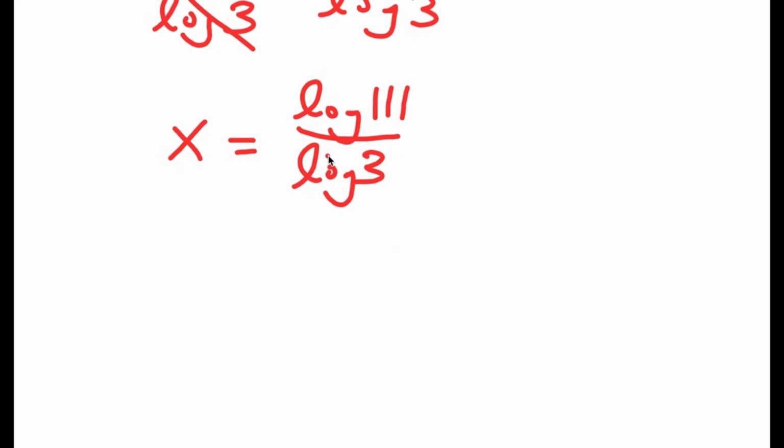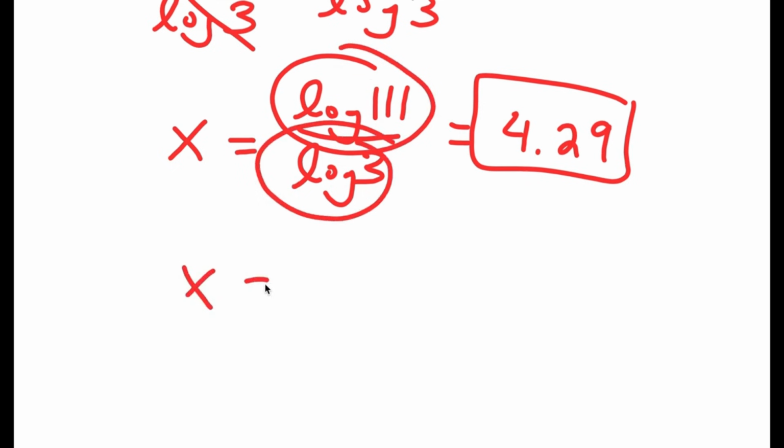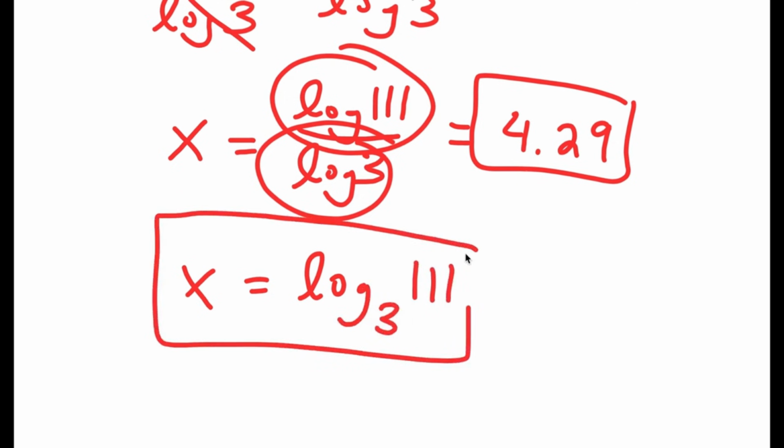So log 111 divided by log 3, this is equal to 4.29. So this is one way I can write my solution. Now another way I can do this is if I have something in the form log a over log b, this is going to equal log base b of a. So this is another way of writing my solution.